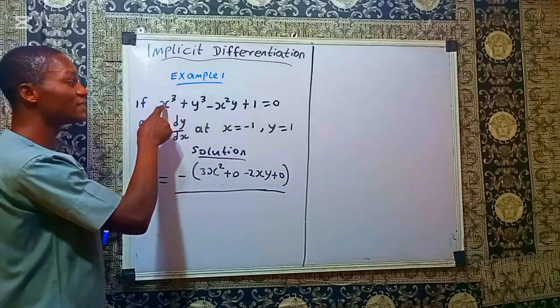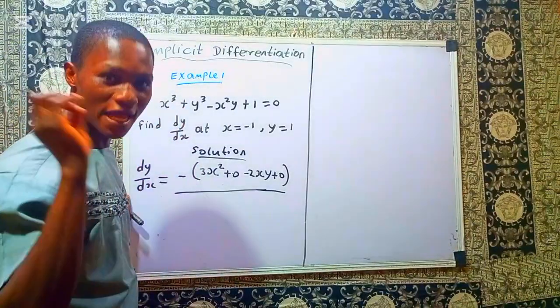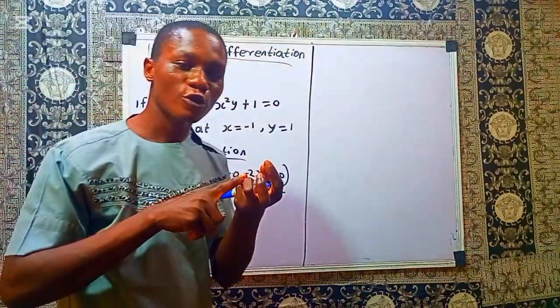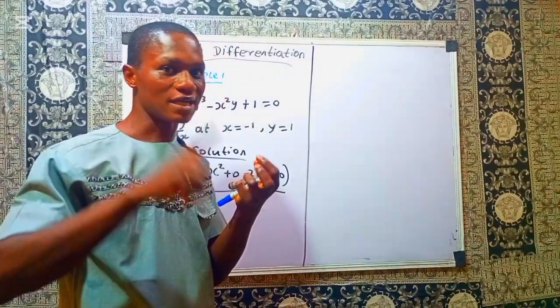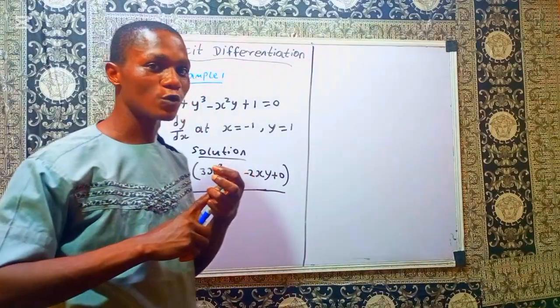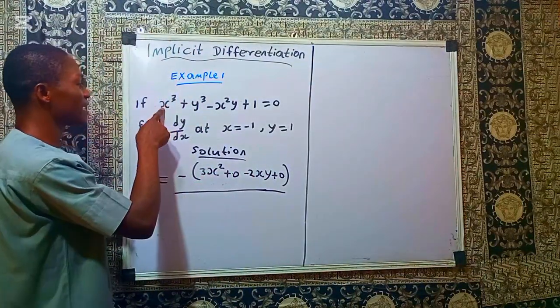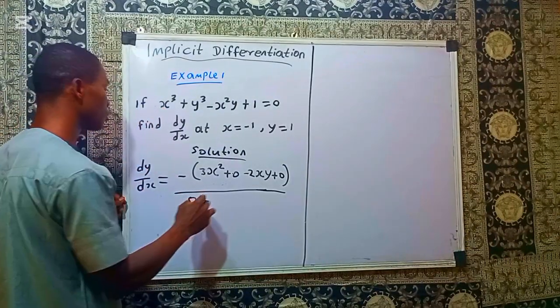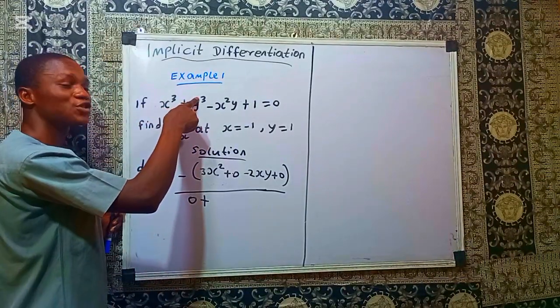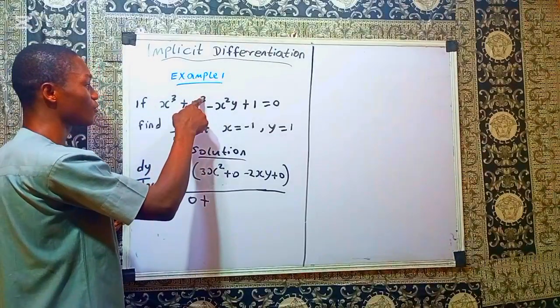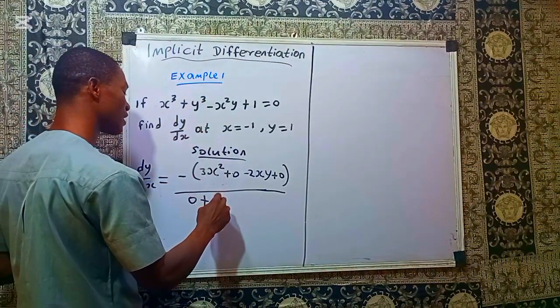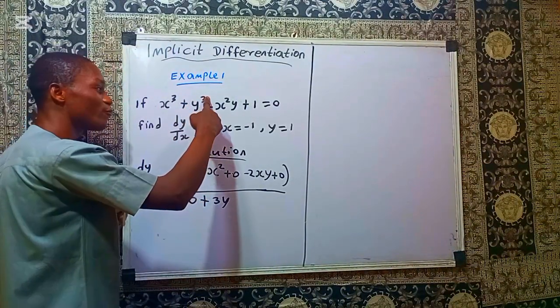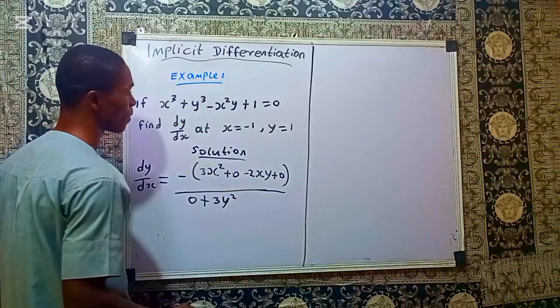at the denominator, you'll be differentiating each of them with respect to y. At the numerator, you differentiate with respect to x. At the denominator, you differentiate with respect to y. So if I differentiate x raised to power 3 with respect to y, I will get 0 plus, if I differentiate y raised to power 3 with respect to y, the power 3, I'll bring it down. Then I'll write y, if I remove 1 from 3, I have 2.